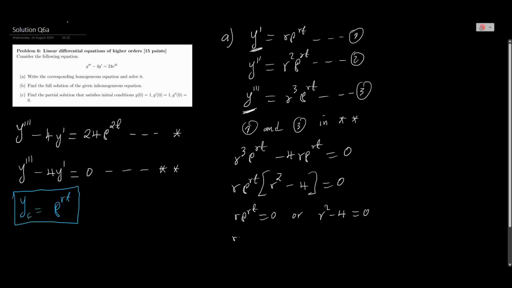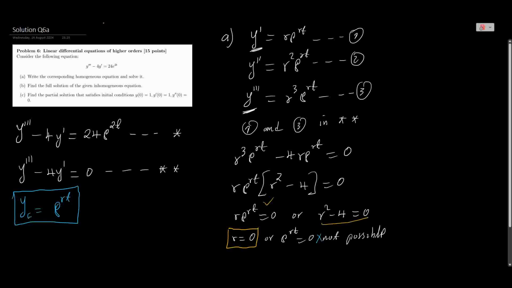So r is 0, or e raised to the power rt is 0. This is not possible, so we are going to ignore it and only consider r equals 0 as our first solution.